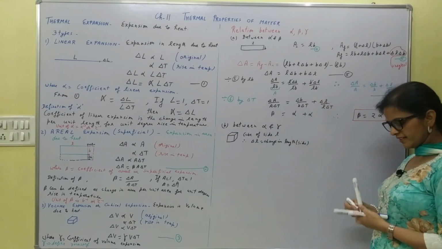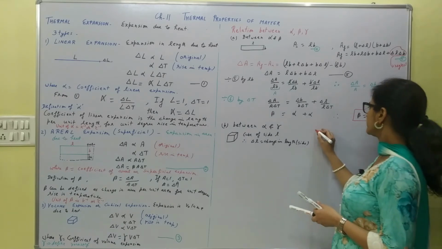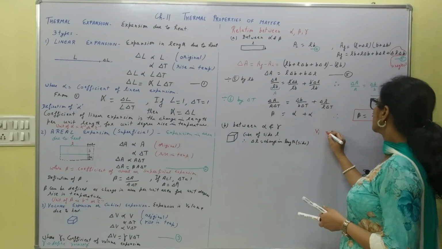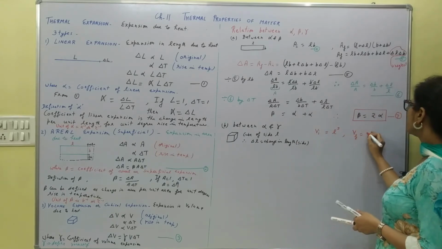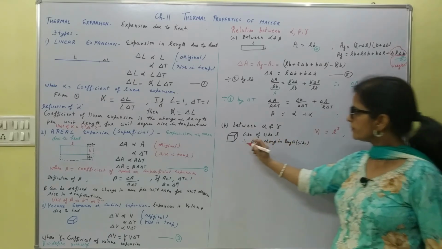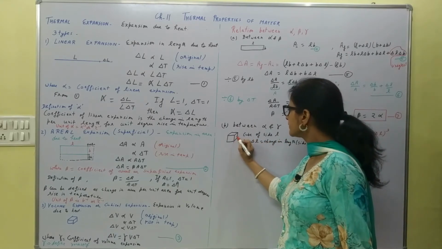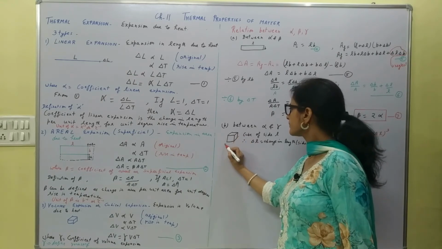So I can write the initial and the final volumes. Therefore initial volume is L cube and final volume will be L plus delta L whole cube, because this change in length will be on every side, this side, this side and this side as well.